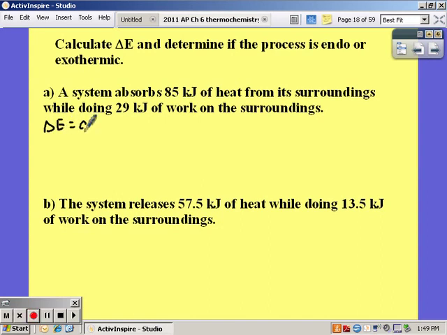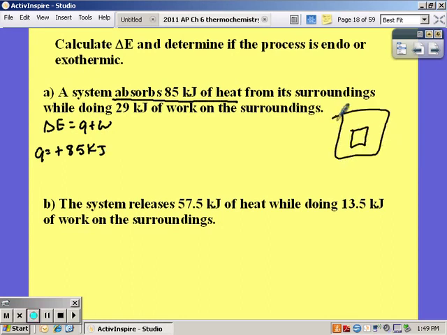We need to calculate delta E, so we need to write our equation. Heat, it says that it absorbs 85 kilojoules, so that's positive or endothermic. And work, it says the system does work on the surroundings. So if the system's doing work on the surroundings, then that has to be exothermic or negative 29 kilojoules.